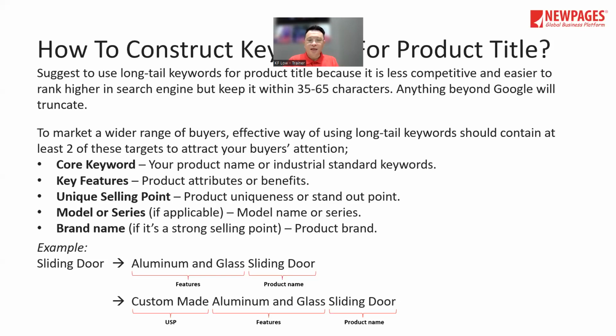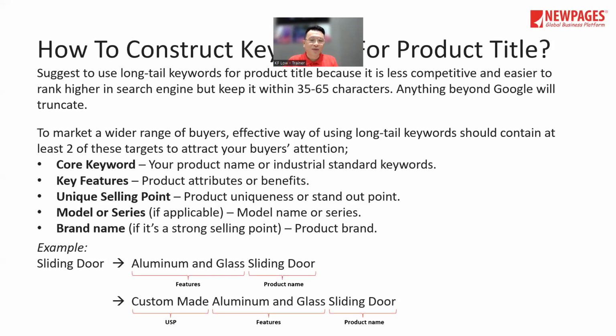But when your customer is searching for this keyword, under the SERP, the search engine result page, the thing that catches their attention is the one they will click on. If you don't have this, and their intention is to look for a custom-made product, then chances are they will not click. It may be listed, but they may not click. And we want that.